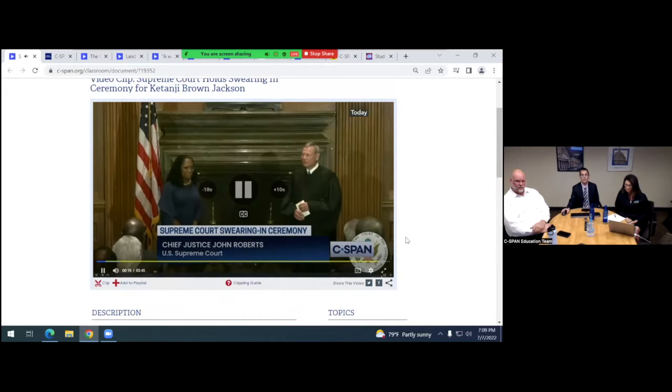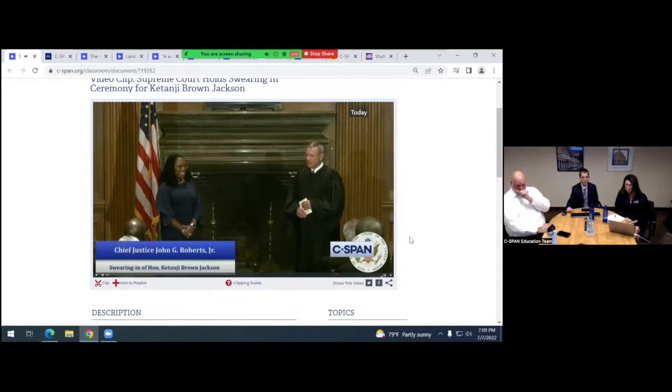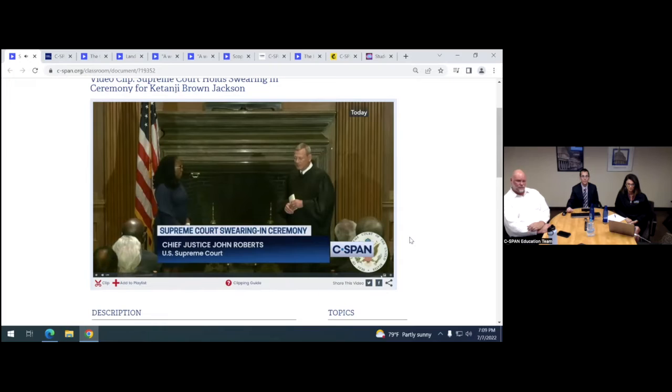Welcome to the Supreme Court. We're here today to administer the oaths of office to Judge Ketanji Brown Jackson to become Associate Justice of the Supreme Court of the United States. But before we do so, I would like to recognize Dr. Patrick Jackson, who is here, her husband, and her daughters Talia and Layla. The administration of the oath is required both by the Constitution and by the Judiciary Act, and so we'll be delivering two oaths. I'll deliver the constitutional oath, and Justice Breyer will administer the statutory oath.